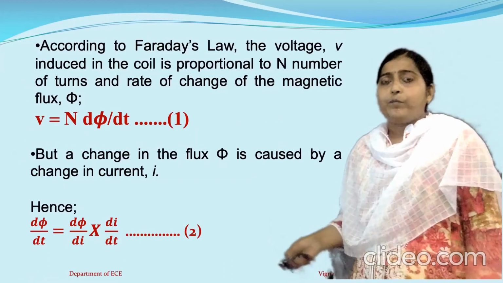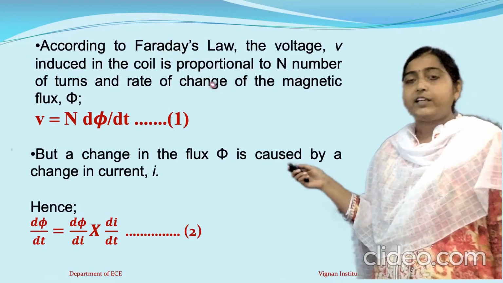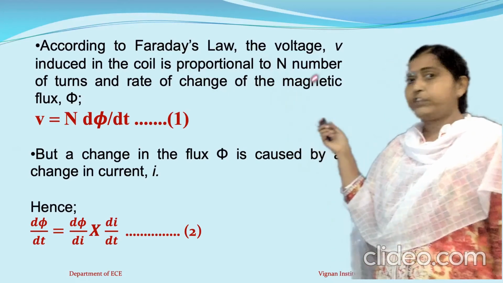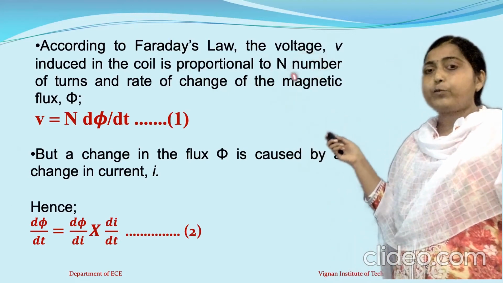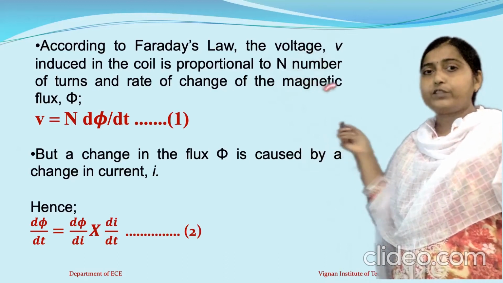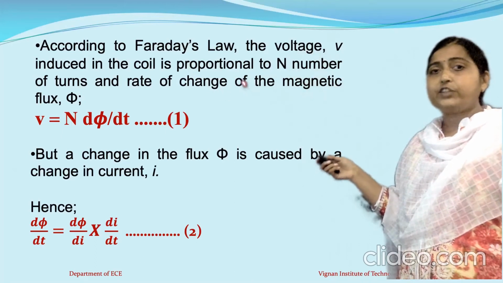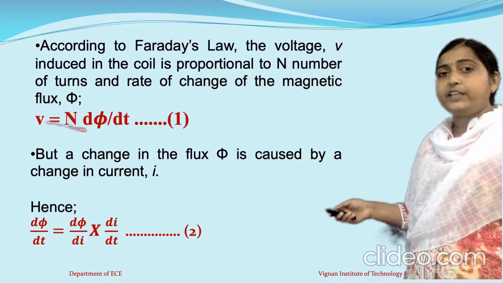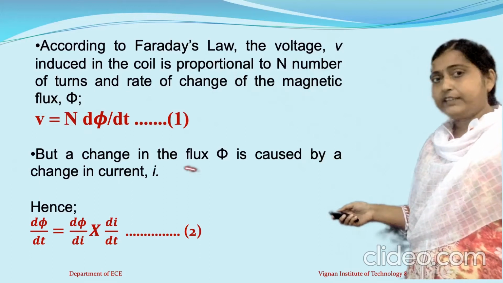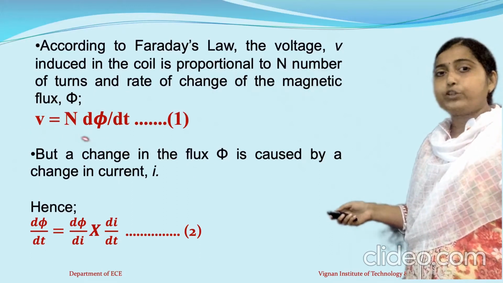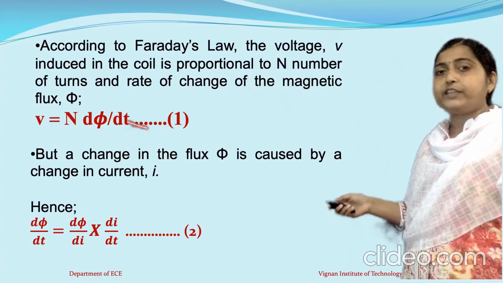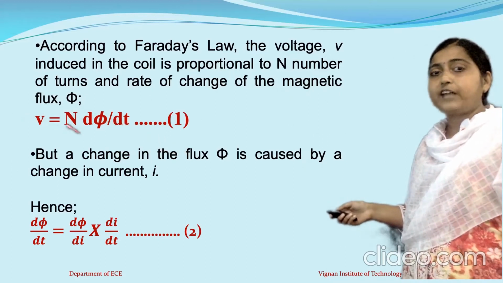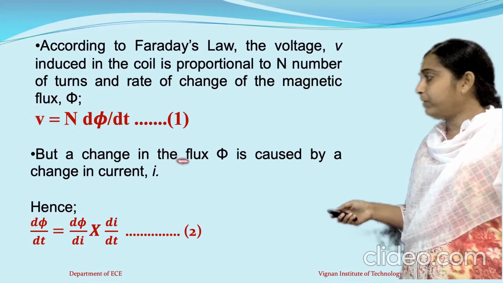Okay, so now according to Faraday's law, the voltage induced in the coil V is directly proportional to N, that is the number of turns, and the rate of change of magnetic flux, which is given by, as you see in equation number 1, the induced voltage across the inductor V is given by N into d phi by dt.